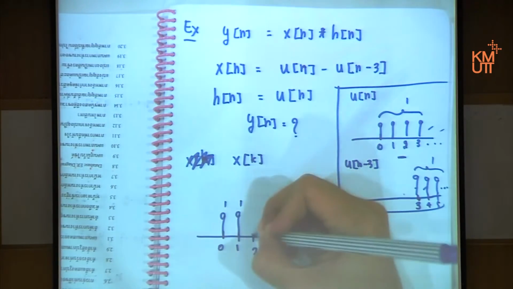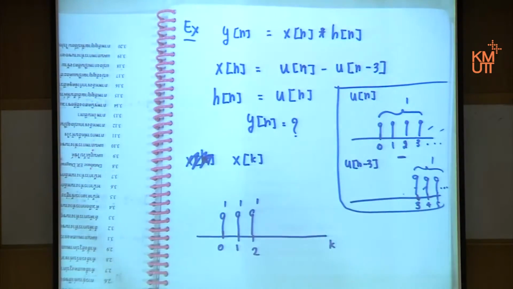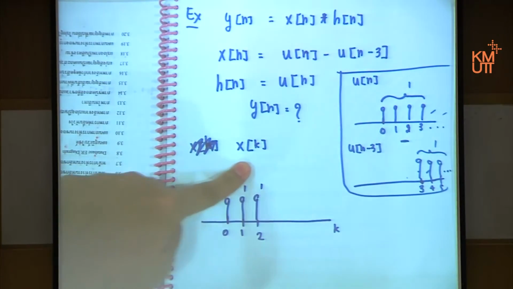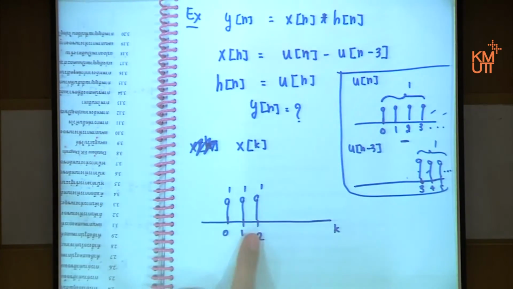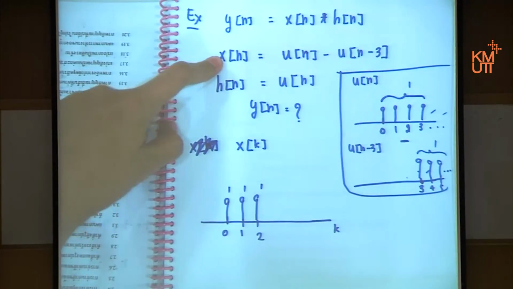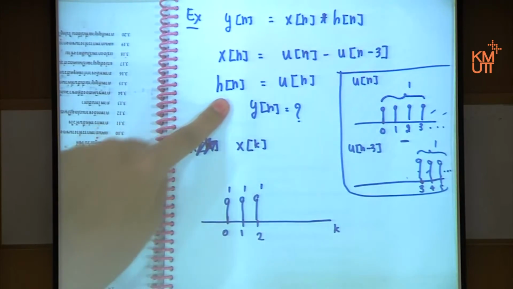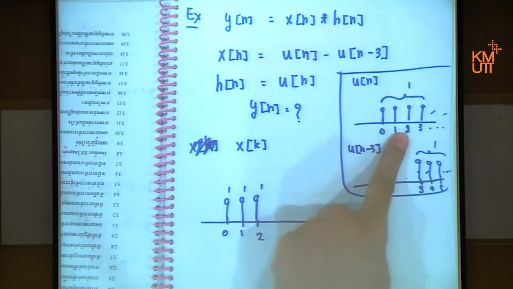1, 1, 1. So our x[n] for this case I change to s[k] first. It will be only this one, from this equation, x will be only 3 stems, and h[n] is equal to u[n], so it will look like this one.